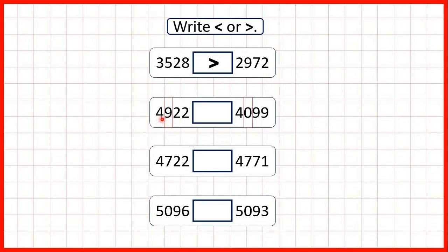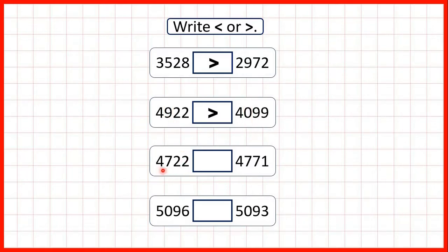Here we can see the first number has 9 hundreds and the second number doesn't have any. So again, this first number is larger. Now it doesn't matter that this second number has 9 tens and 9 ones, because even those taken together are less than just 100. So because this first number has more hundreds, we know that it must be larger.